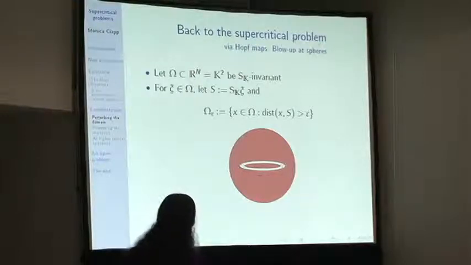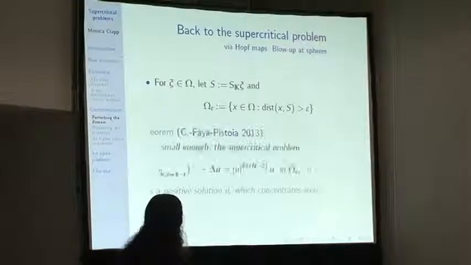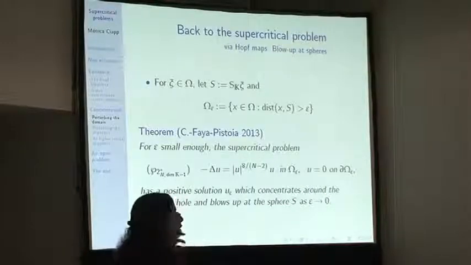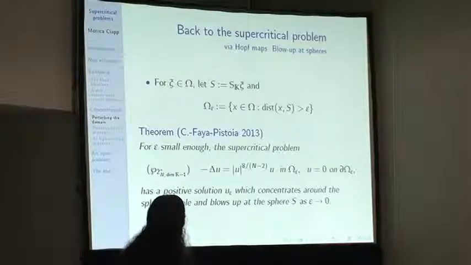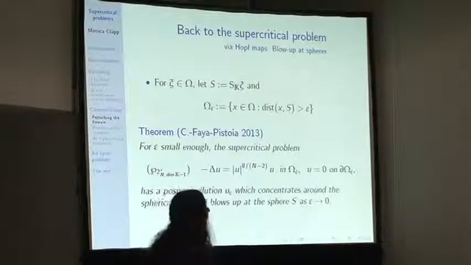The result says, if the tubular neighborhood that we have subtracted is thin enough, then we will get solutions to this problem which concentrate around the boundary of the tubular neighborhood and blow up at the sphere as epsilon goes to 0. So for these particular exponents, we get a positive solution with this behavior.